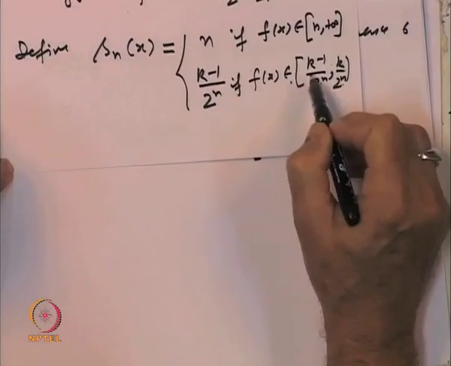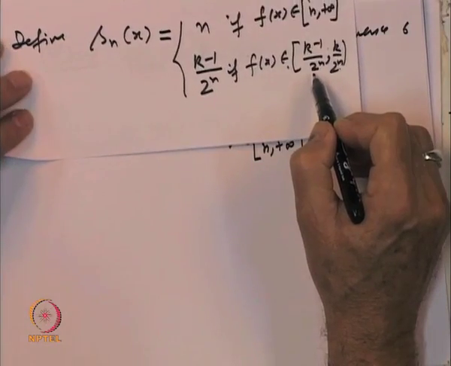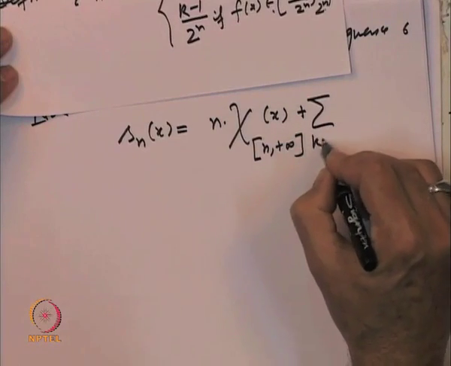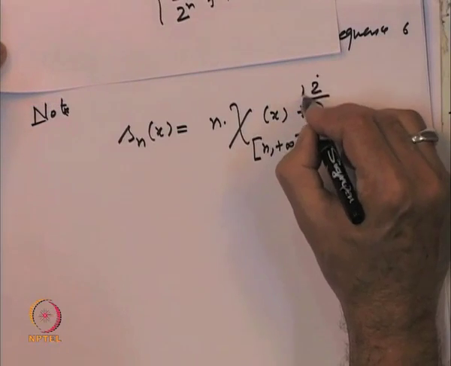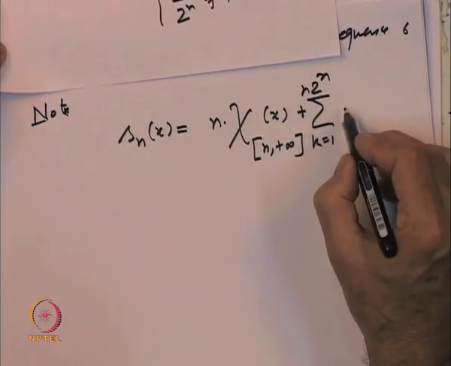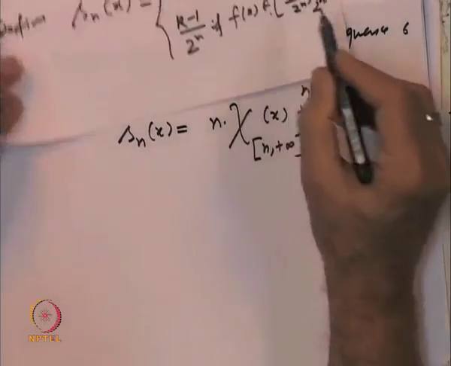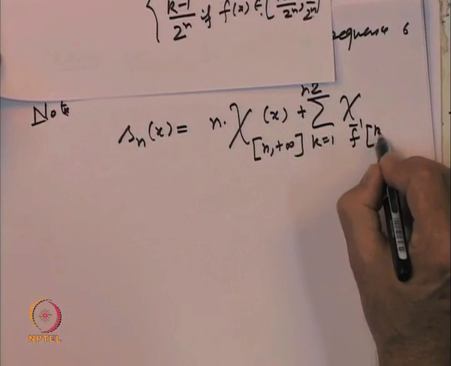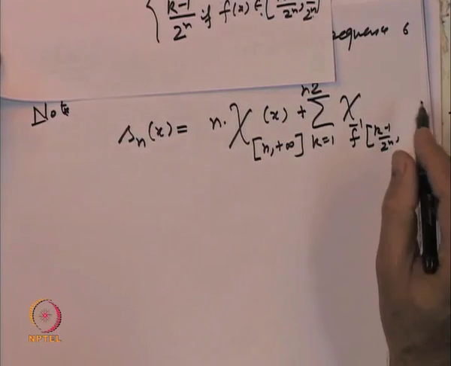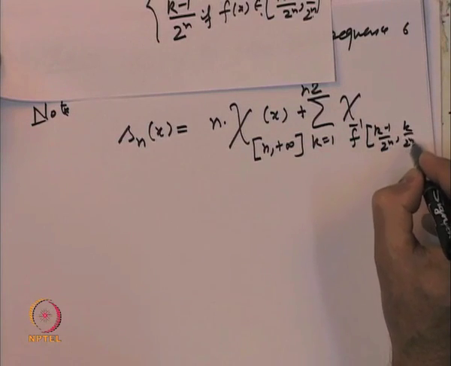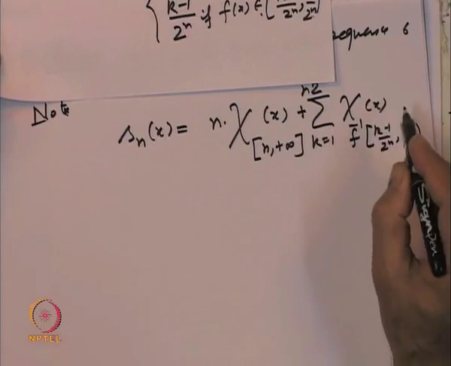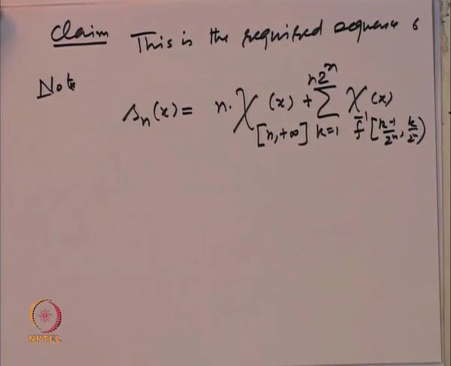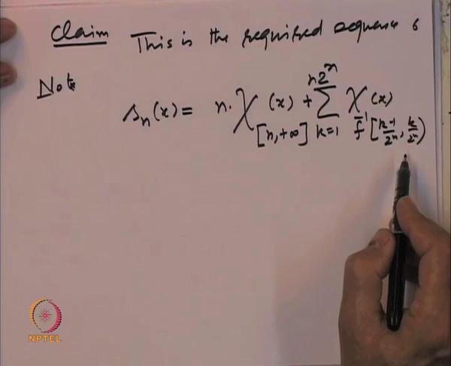So, it is this value times the indicator function of that set. So, it is the summation k equal to 1 to 2 to the power n times 2 to the power n of the indicator function of, what is that set? That is nothing but the f inverse image of the open interval (k minus 1) by 2 to the power n to k by 2 to the power n, of x. So, from the picture, from the earlier formula, we get that my function is this function.